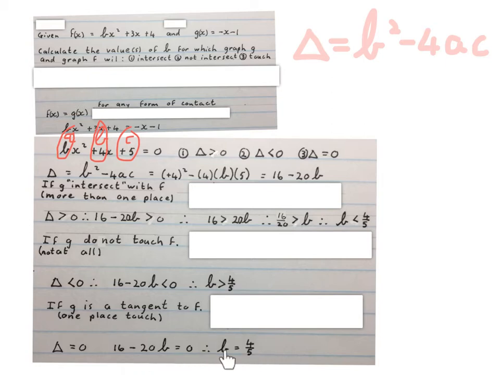And this answer will be b is equal to 4/5. In other words, if g and f touch each other, then b will only be 4/5. So if I put the 4/5 in here, equate this to this, I will find only one x value that works. And that means that g will be a tangent to f. Please stop the video and get your brain around these three questions.